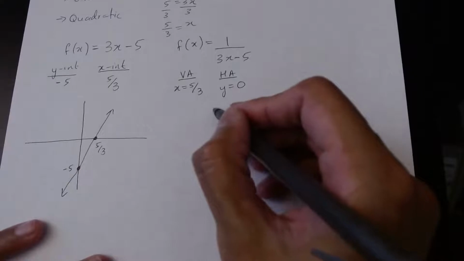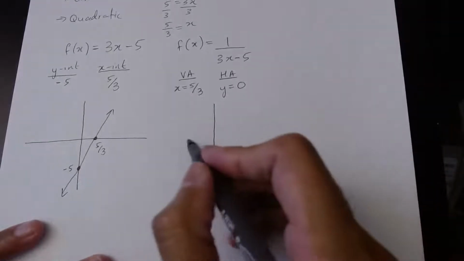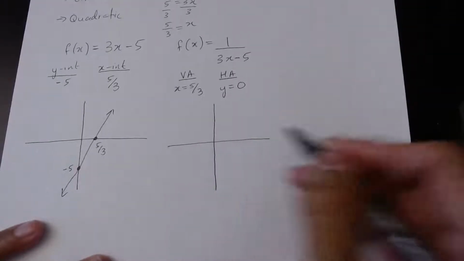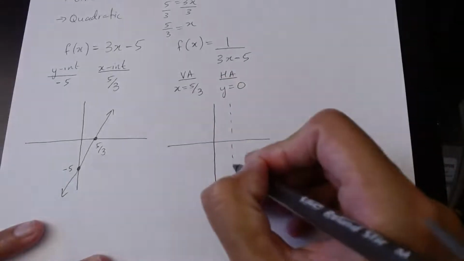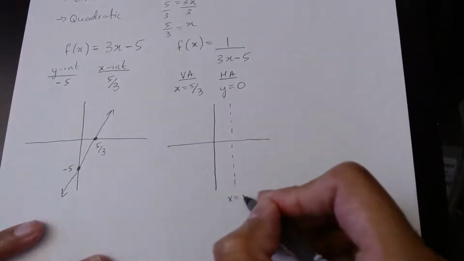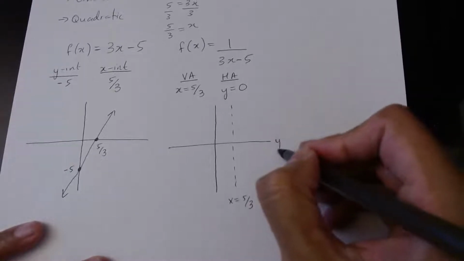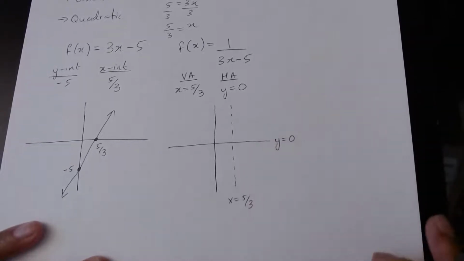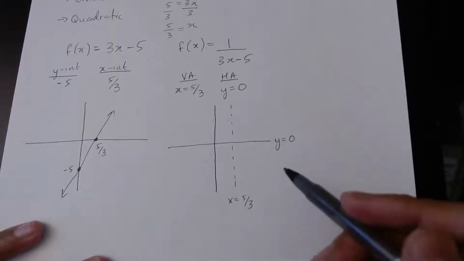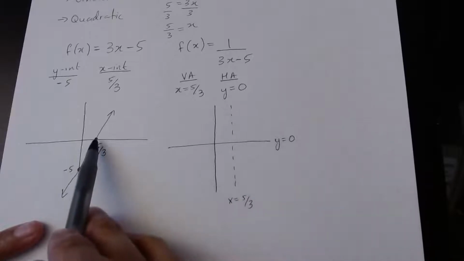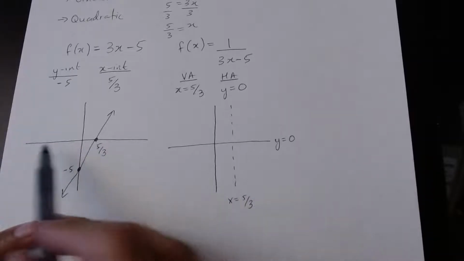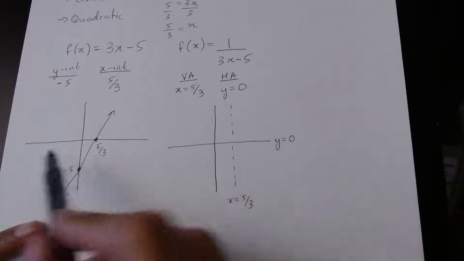And now I'm simply going to sketch this out. Vertical asymptote where my zero should be, and horizontal asymptote at y equals 0. And now if I want to tell where my function is going to be, I know that on the left side, the function is below the x-axis.